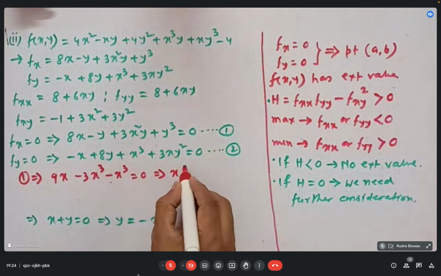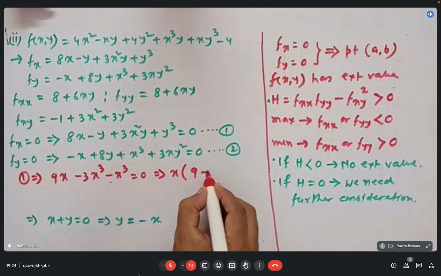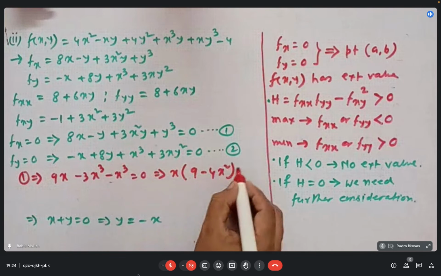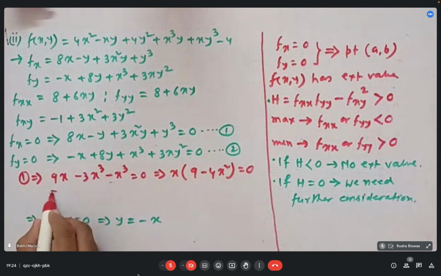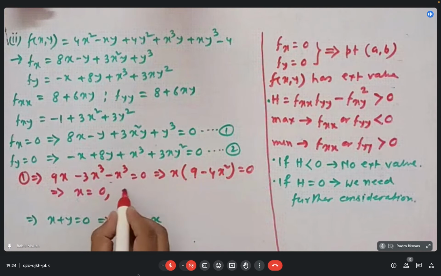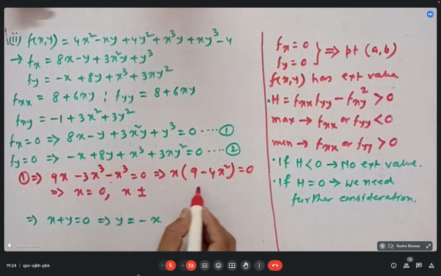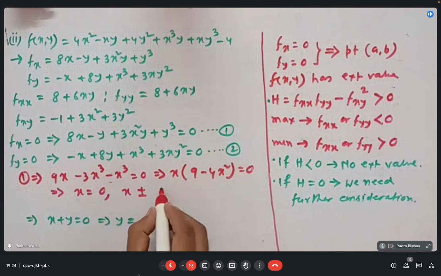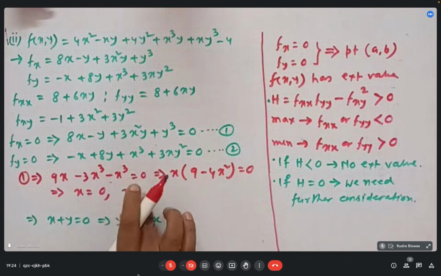So x common, it is 9 minus 4x square is equal to 0, that is x is equal to 0, and x is equal to plus minus 3 by 2.